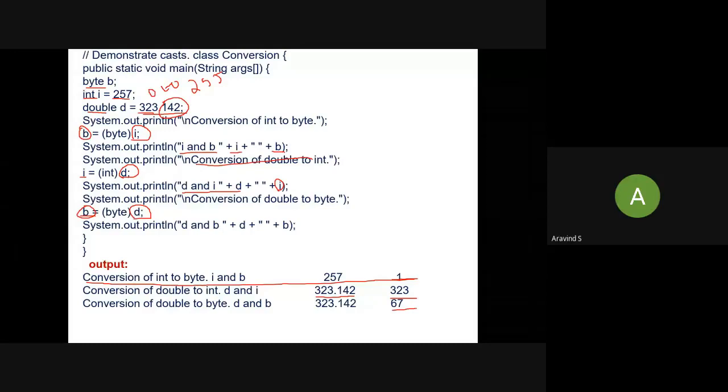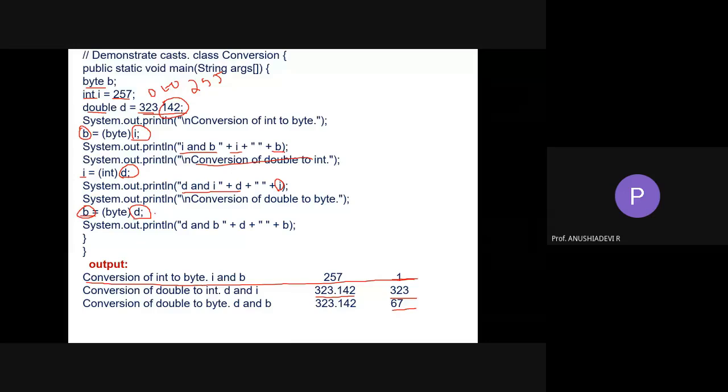Ma'am, can you explain the last one, double to byte? Double to byte. That double value is 323.142, no? For this D value, the part after the decimal point is truncated, and then we have value 323. So that 323 is also out of range.